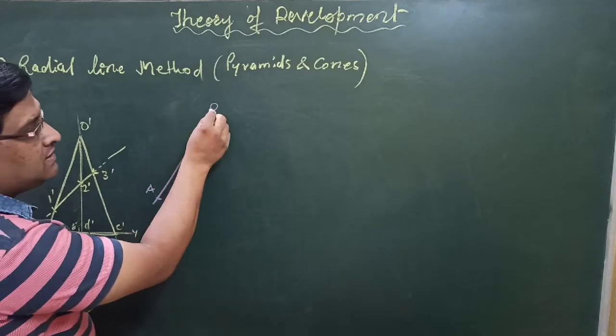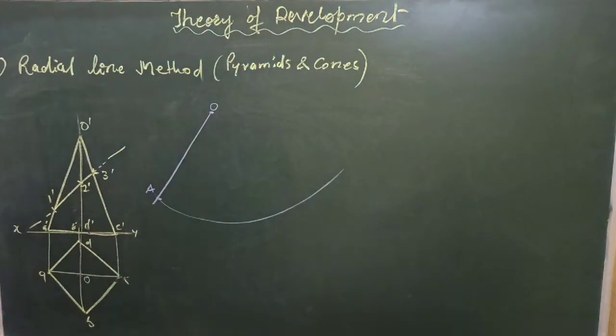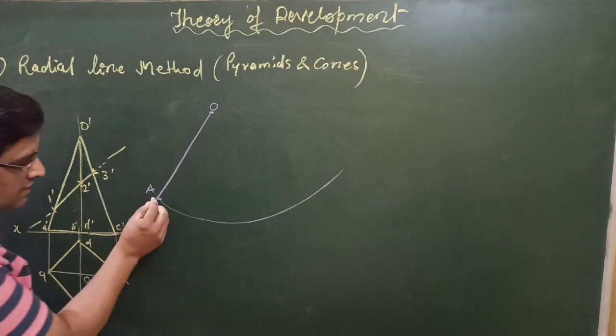Then take O as center and cut an arc here. The length of the arc is not fixed. Now take the length of the base of the pyramid from here, AB.